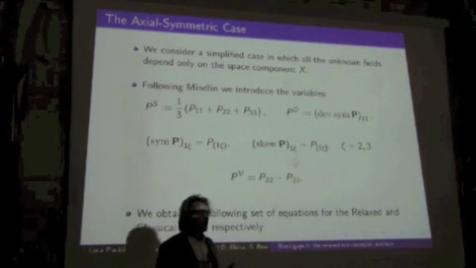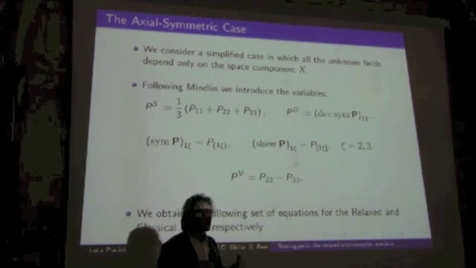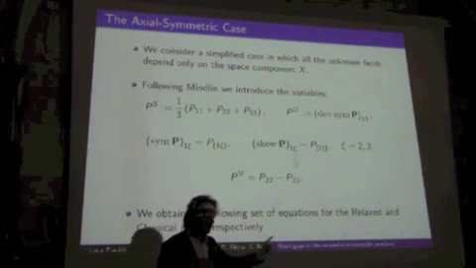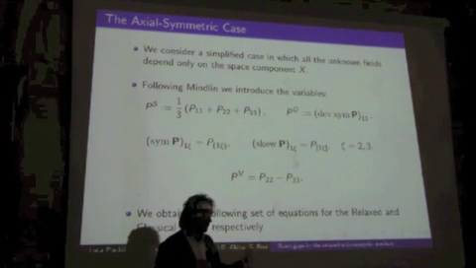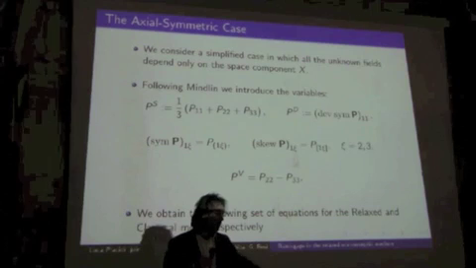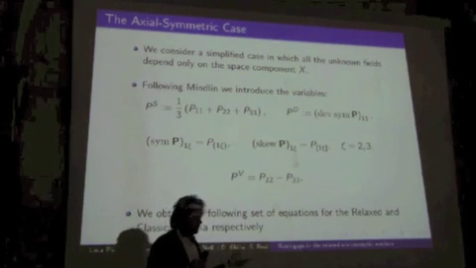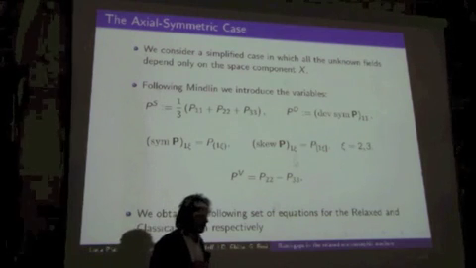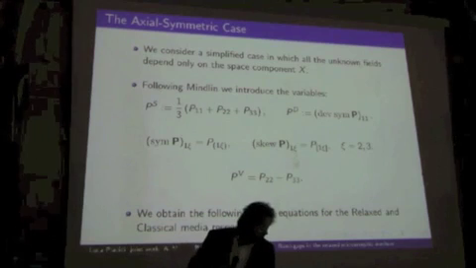To do this, we consider a simplified case in which all the unknown fields depend only upon one variable, and so, following the famous paper of Mindlin, we consider this set of variables and obtain the following set of equations.